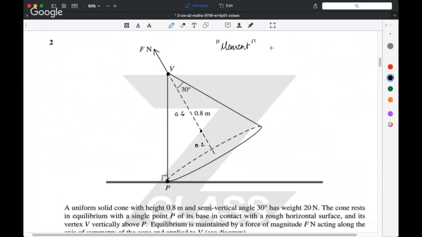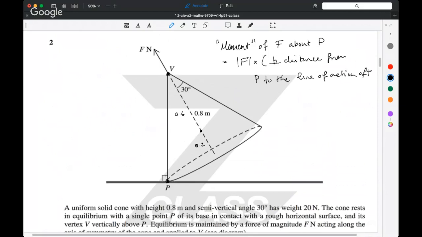The moment of some force F about some point P is the magnitude of the force times the perpendicular distance from P to the line of action of F. So this line of action.